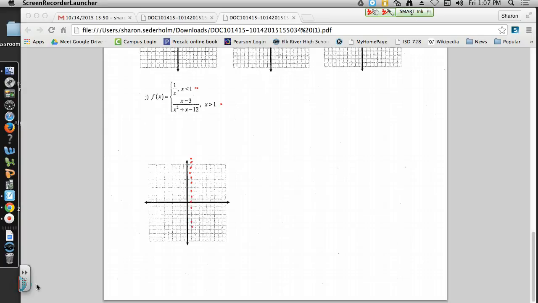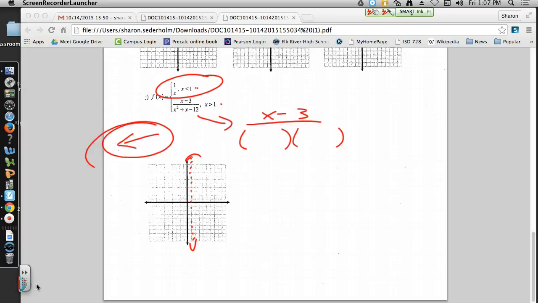So we have a split here, and I started thinking about what's going to happen, and I want to take a look at this top and bottom piece. The top piece is our parent function for a hyperbola, 1 over x. That piece is only going to happen when x is less than 1, which is the left side of this graph down here.